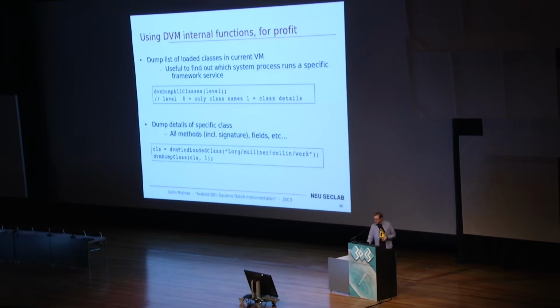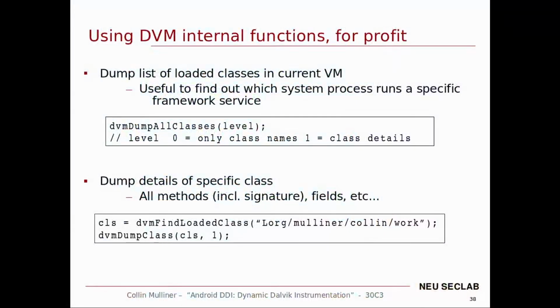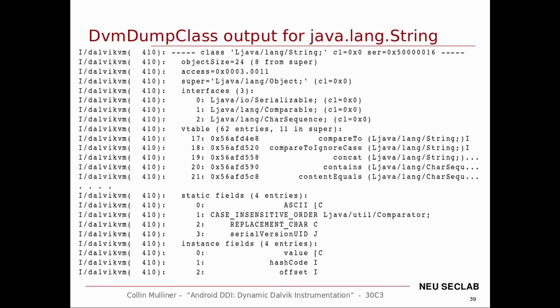Yeah, and whenever you dig around other applications and maybe want to look at classes, like what are the methods, what are the method parameters, what are the internal values, variables, and so on, you can use some functionality from the DVM, this class dumping, and just say, hey, what's actually inside this class? And again, just for an example, I just use the string class.